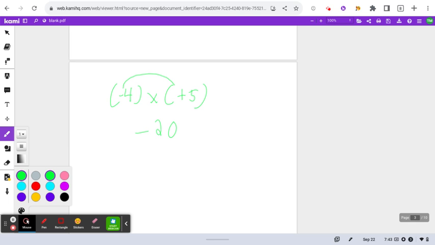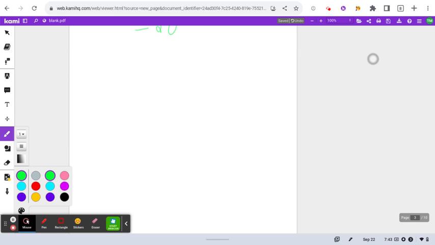Same rule is true for division as well. If you had a negative 20 divided by a positive 5. Remember, the signs are opposites, so your answer would be negative, and 20 divided by 5 is 4, so you'd have a negative 4.